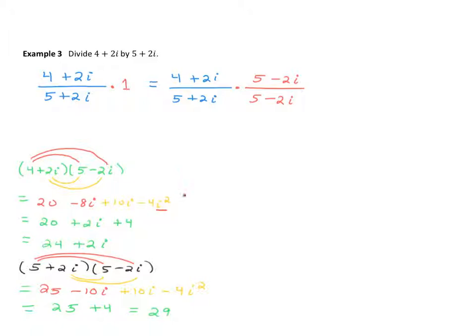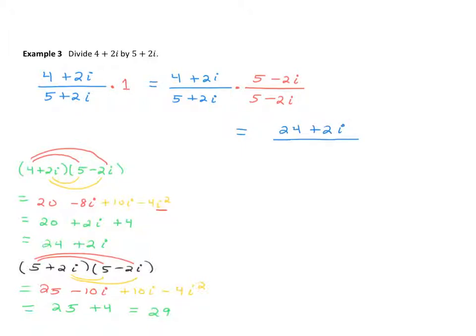Let's take all this work we did and go back up to the original problem. When I multiply the numerators, that's what I did here. I'm just going to place this result in its place. That is, the numerator multiplies to 24 plus 2i.